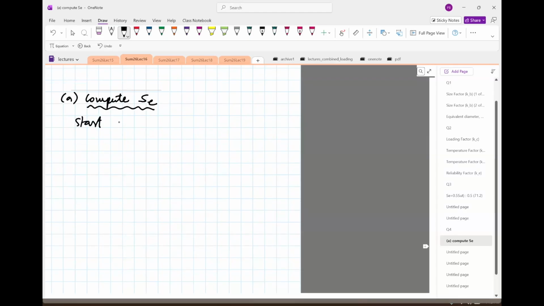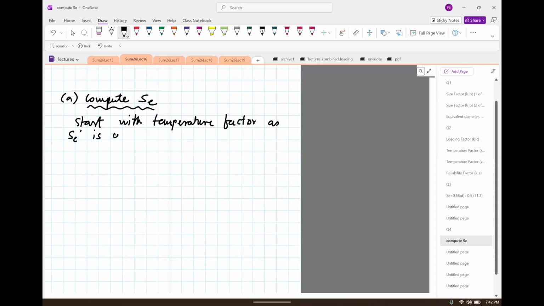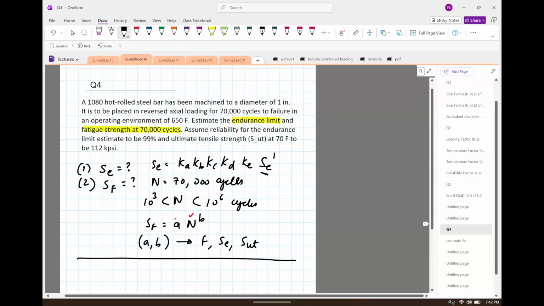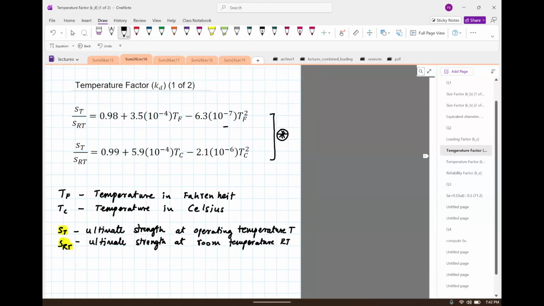So start with temperature factor as Se prime is unknown. Okay, this problem is in FPS units, so we have to use the first formula for the ratio.